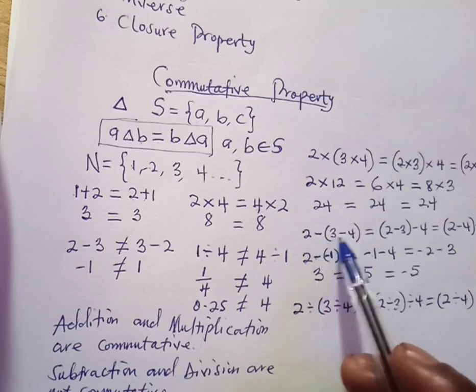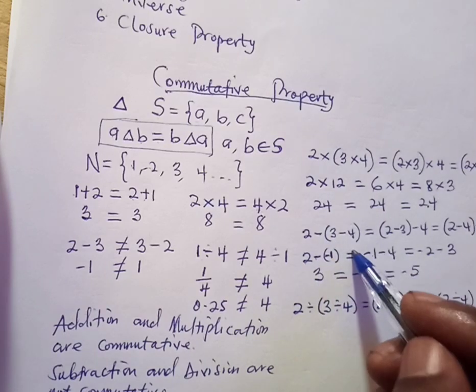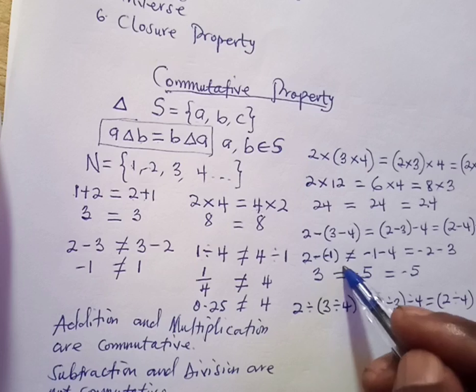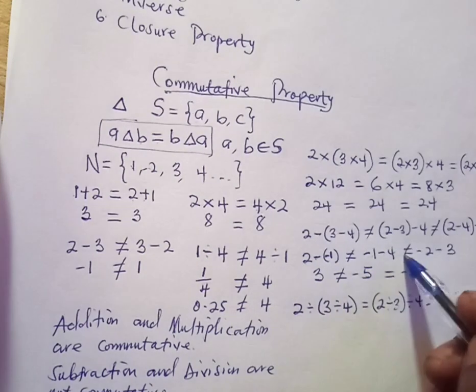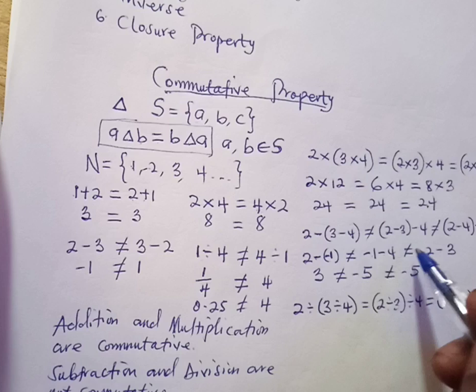Now this one, the first one, when we dealt with subtraction, because they were not the same, you should be able to bring this. So this shows that they are not the same.